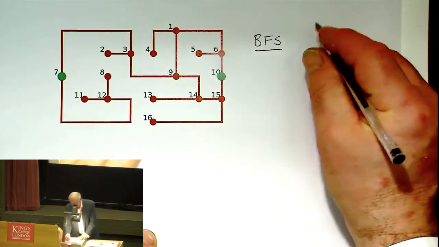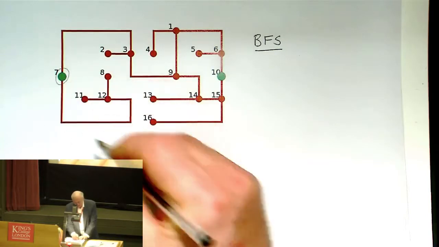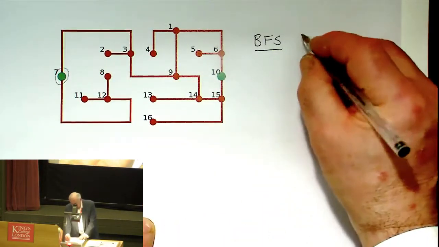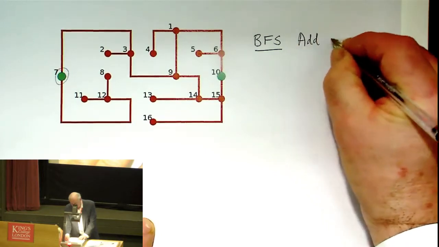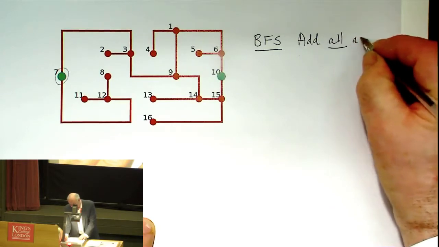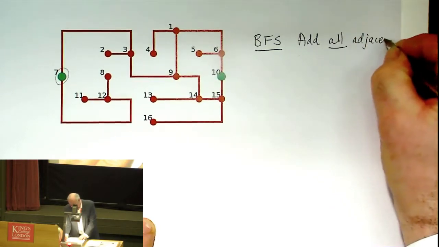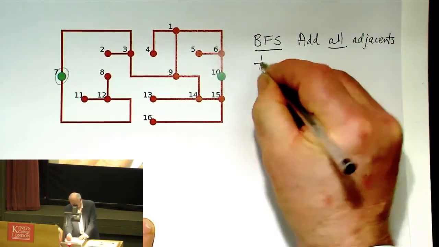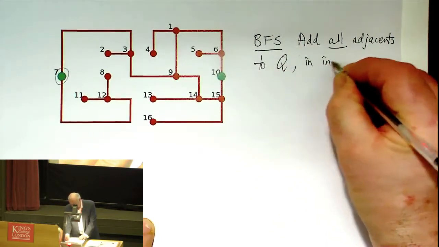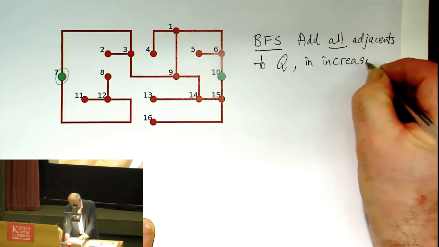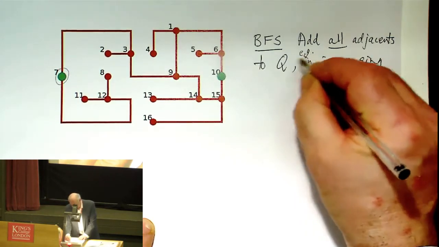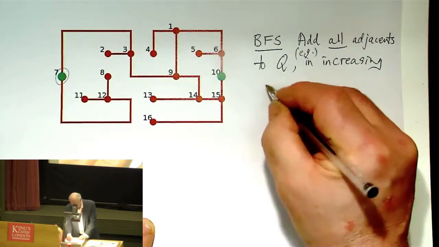So we're going to start at some vertex, and at each stage we add all adjacent, not just one, but all adjacent vertices, or any we can, to the queue. Let's say in increasing numerical order to be definite. You don't have to do this, but you need some convention.